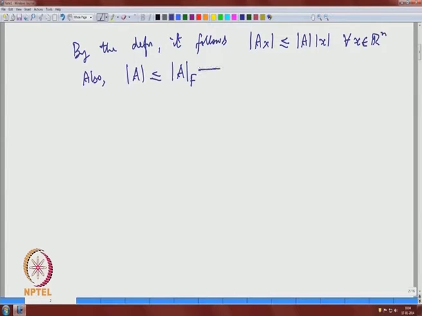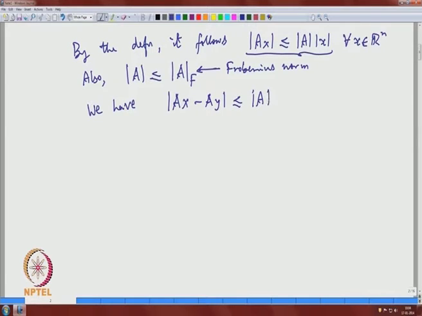Okay, so this is the Frobenius norm. And from this, if I replace x by x minus y and use linearity of A, we have norm of A x minus A y less than or equal to norm A times norm of x minus y, and that proves this function x going to A x is Lipschitz continuous.